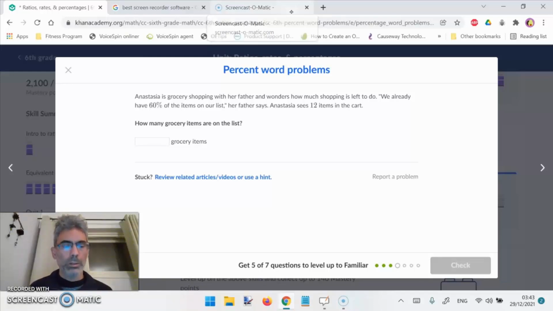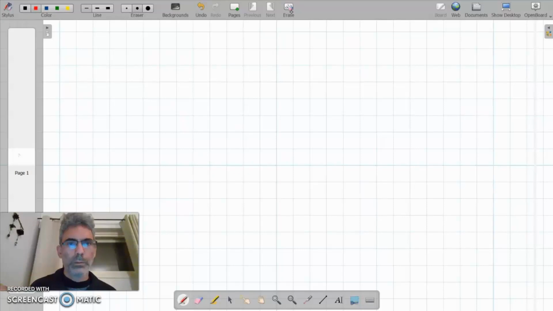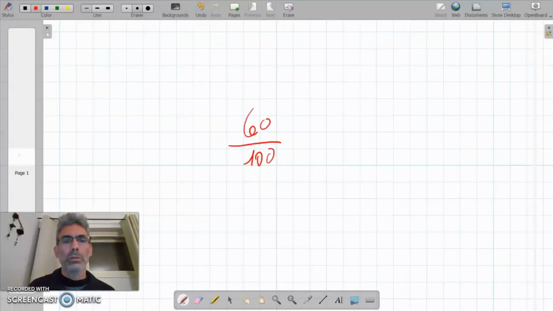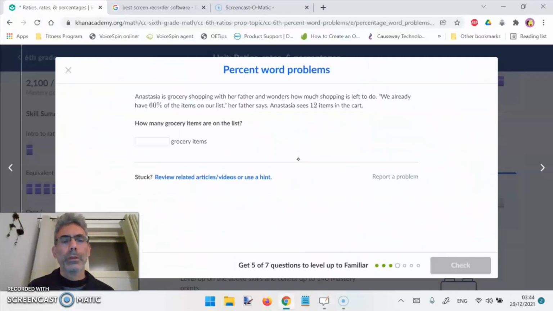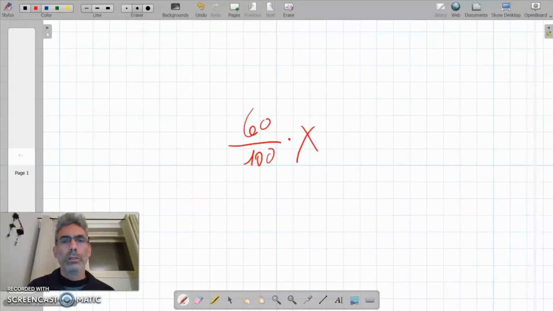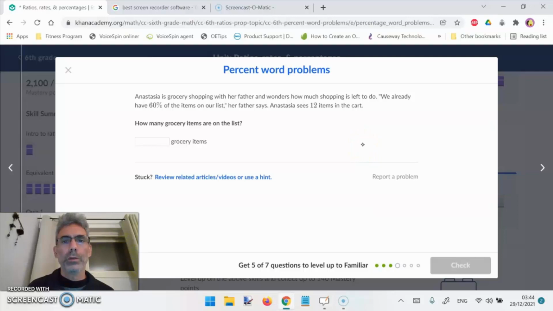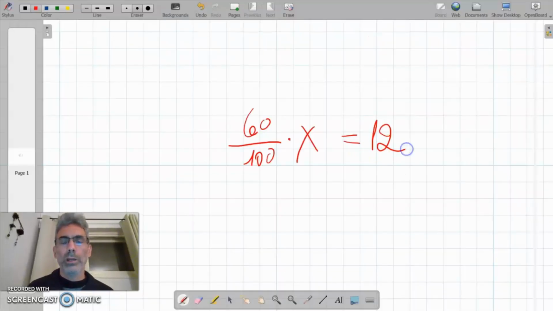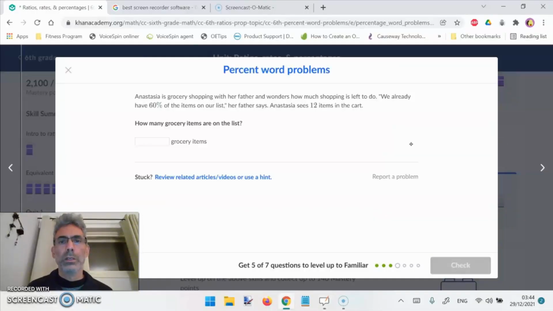Okay, so 60% is 60 hundredths. We don't know x. X is the number of the items in the list. 60% of x equals 12, because we have 12 items already in the cart.